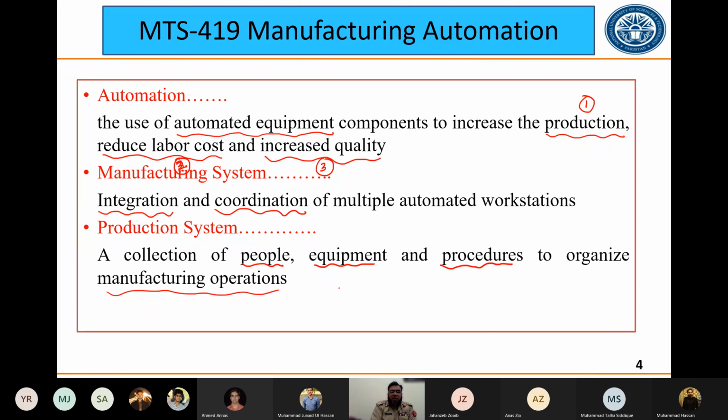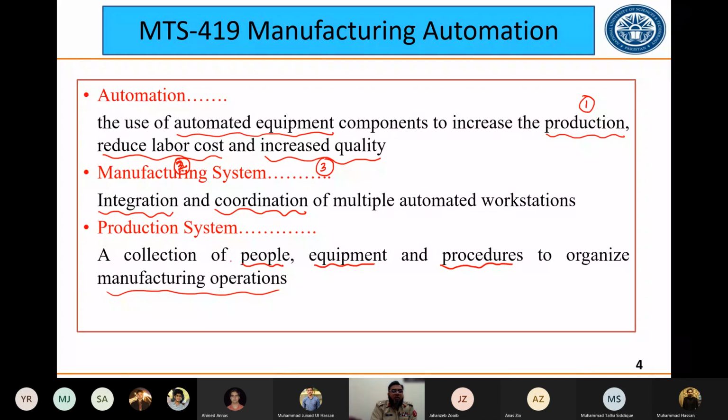What we were interested in from the start was automation, that we wanted to use automated equipment to achieve these three goals. Then we thought of these automated equipment workstations, which should be integrated and coordinated so that they become the manufacturing system.